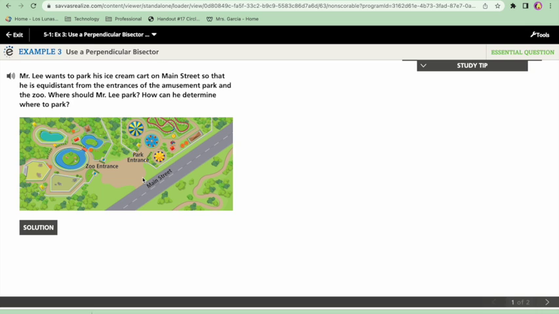And this could be used for other things, like in agriculture when you're talking about different gates that animals are in. This could be used for sports like basketball, and where people should be in terms of shooting a basket and throwing the ball. Maybe you want to be equidistant from both players who might have the ball. Things like that. So what is the solution? How do we do this?